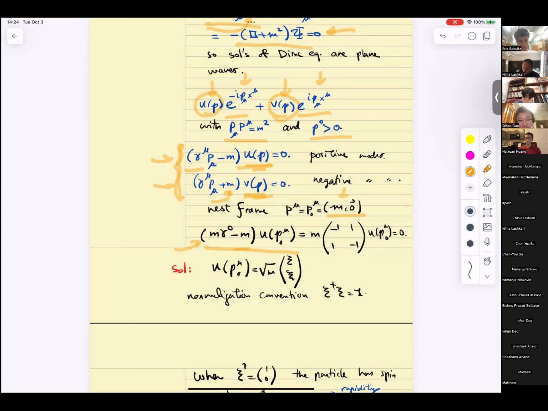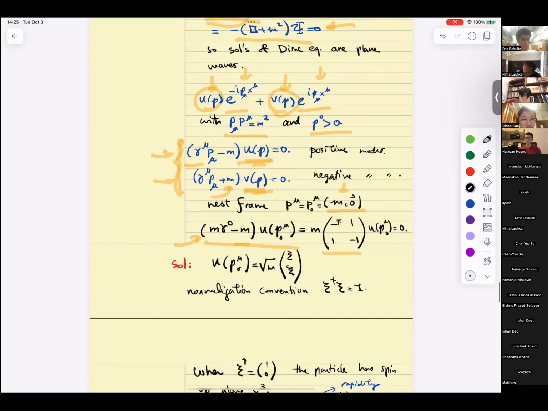And you could just write it out, it looks like this. Maybe this notation is confusing. These are identities, these are 4 by 4, so each of those guys is 2 by 2.